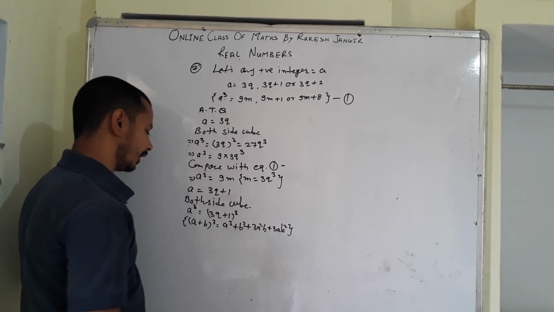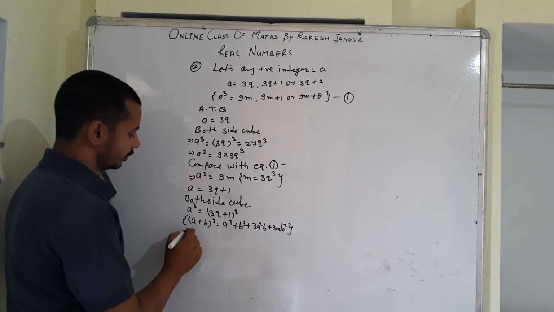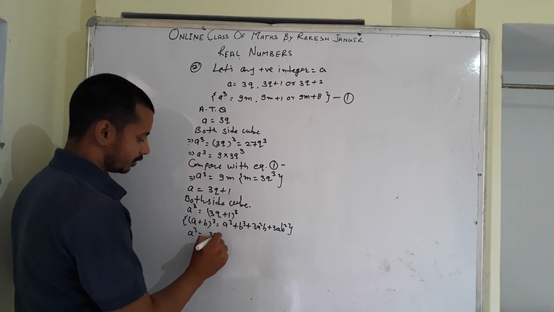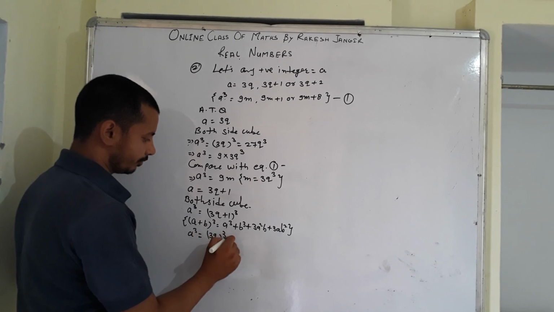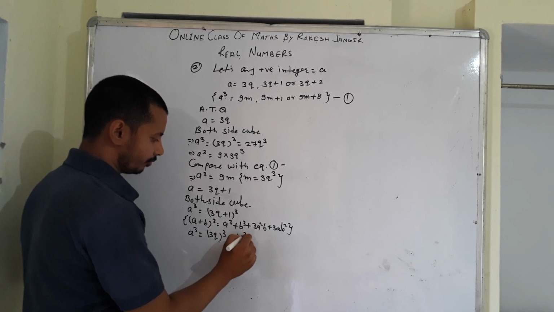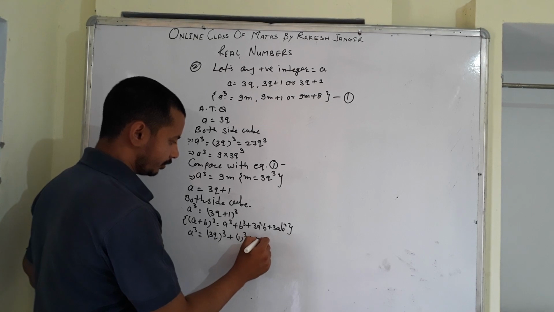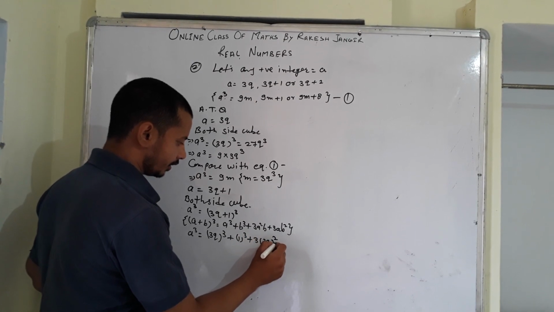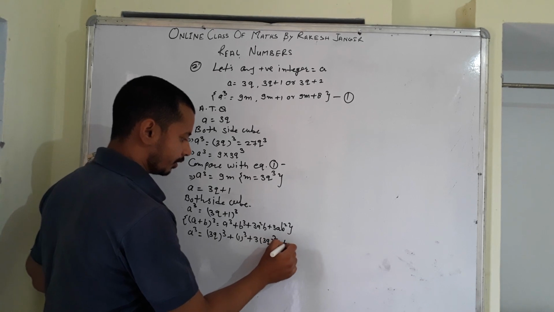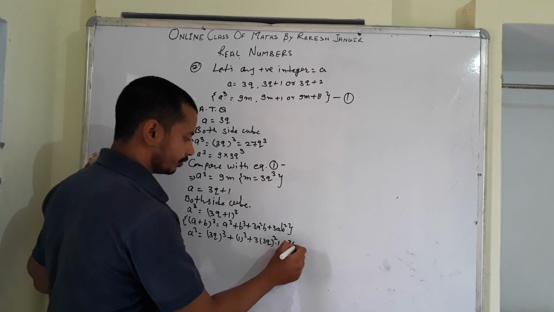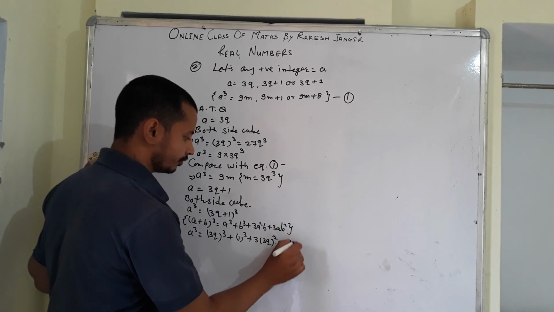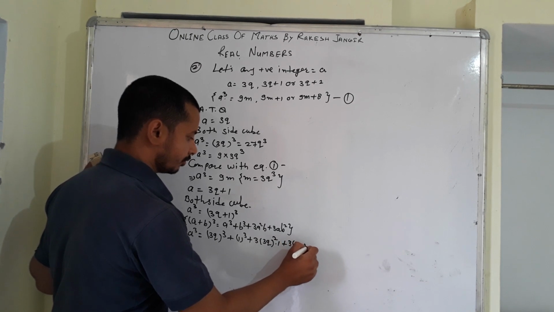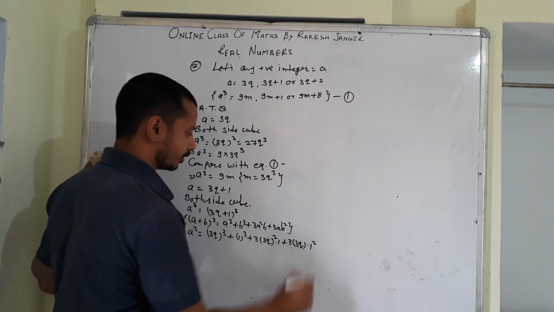Put the values of a and b, then we find a cube equals 3q whole cube plus 1 whole cube plus 3 into 3q whole square into 1 plus 3 into 3q into 1 square.